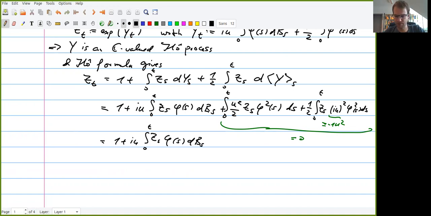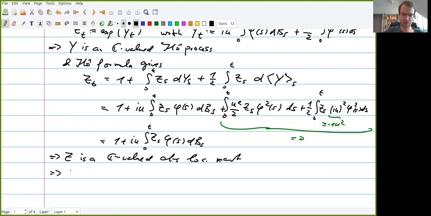Okay, that's good. Well, so what do we know from here? So that is a C-valued continuous local martingale, right? Because it's a stochastic integral. And we know that stochastic integrals are continuous local martingales. And it's C-valued because, well, it's C-valued.